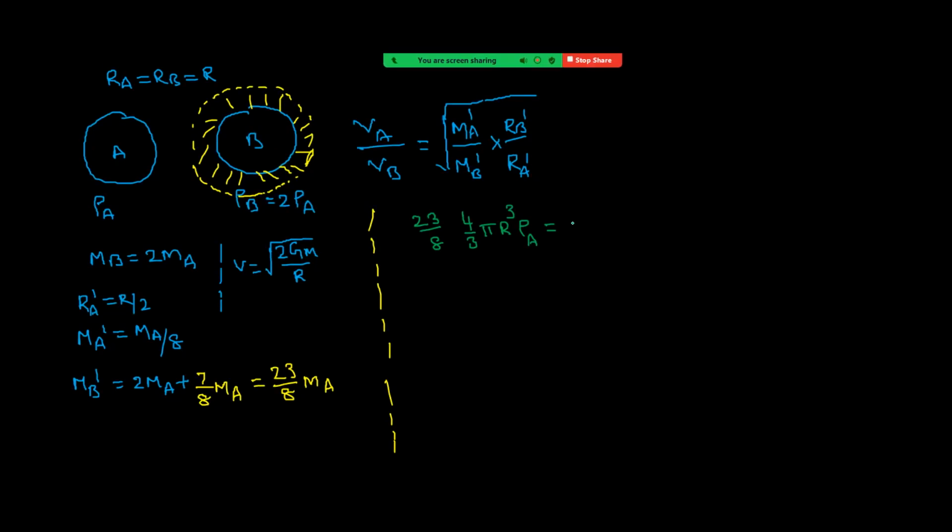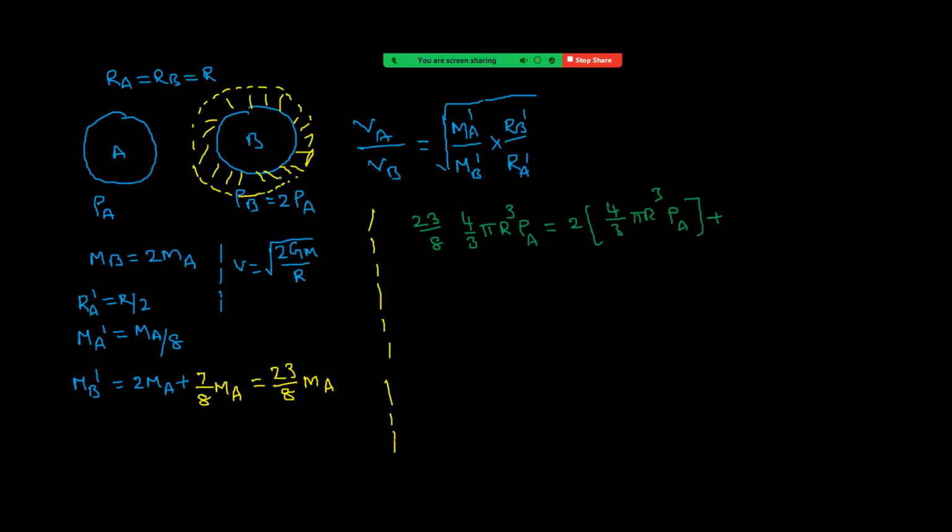Mass of the inner part is now 2 times the mass of A, right? So I'm writing here 2 times the mass of A. Mass of A means again 4 by 3 pi R cube into density of A. So 2 times the mass of A plus extra mass.